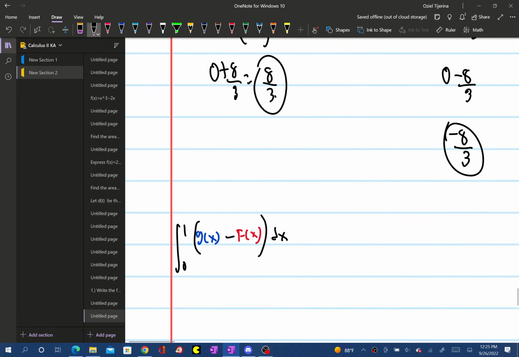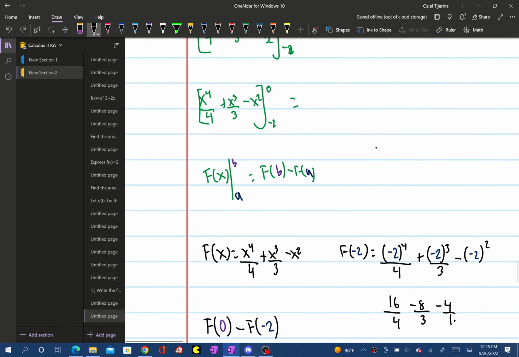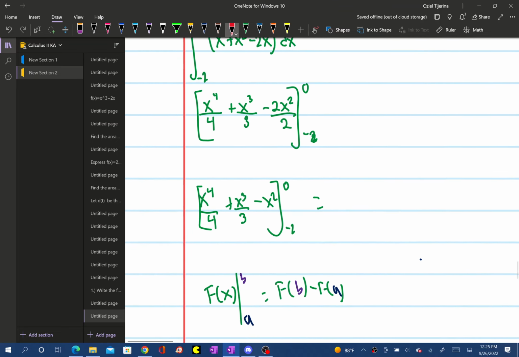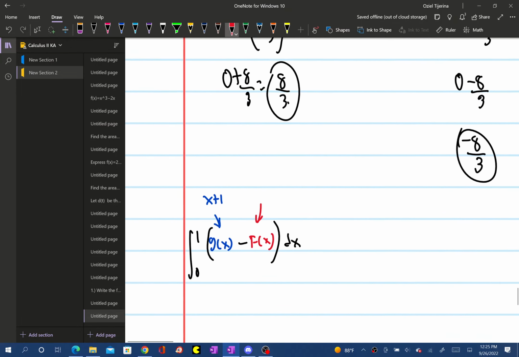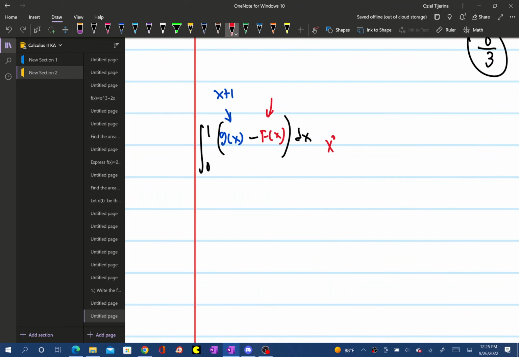So g of x we said was the linear function, which was x plus 1. So this is x plus 1. And then f of x was the polynomial function, which was x cubed plus x squared minus x plus 1. So x cubed.